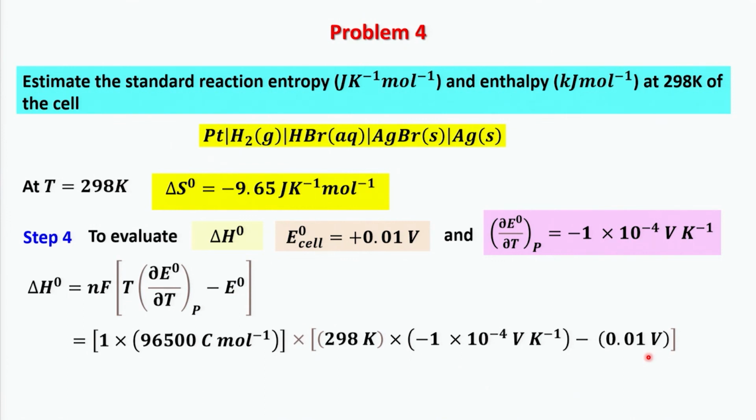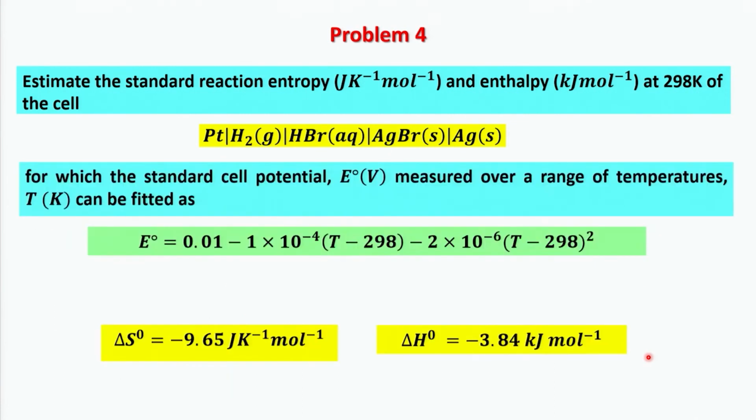So, once that is done, then delta H naught turns out to be minus 3.84 kilojoules per mole.